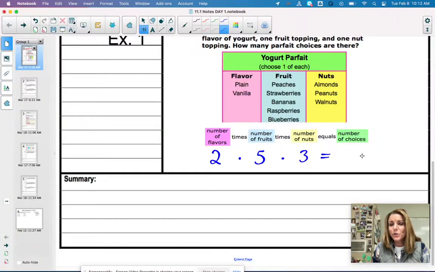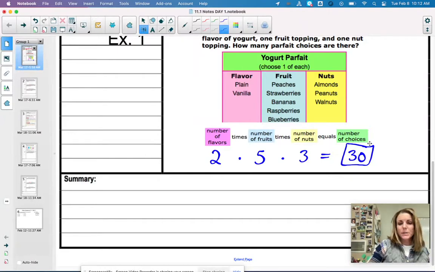To find our total possible choices, 2 times 5 times 3 is 30. We just use the fundamental counting principle.